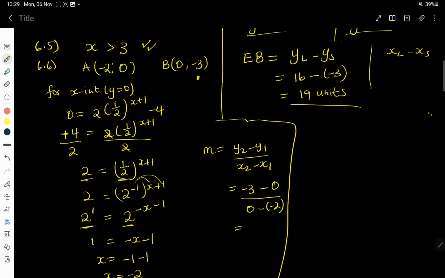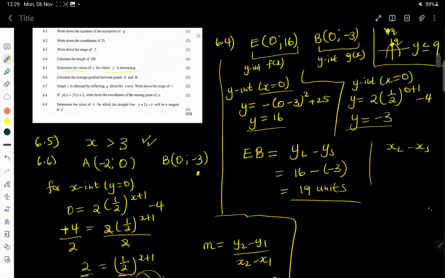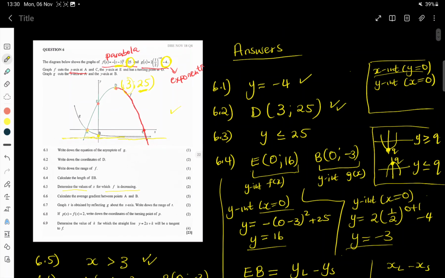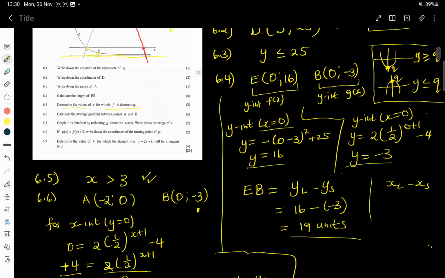Then you punch in your calculator, minus 3 minus 0 over 0 minus 2. Then you're going to get negative 3 over 2. That is your average gradient. Next question, 6.7. Let me write 6.7 here. I hope we are fine with the answers here.